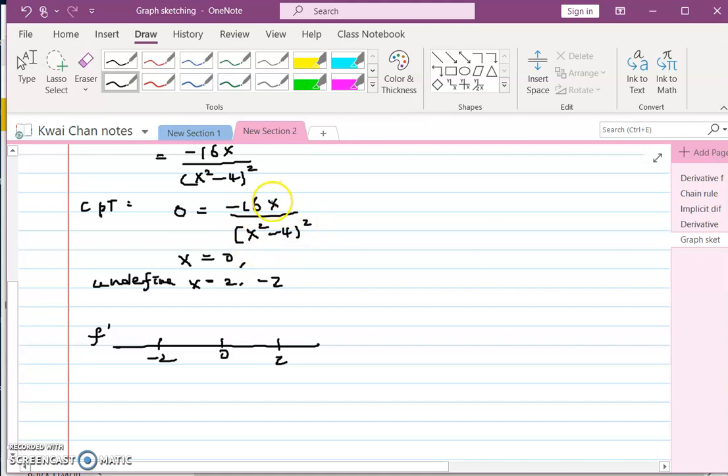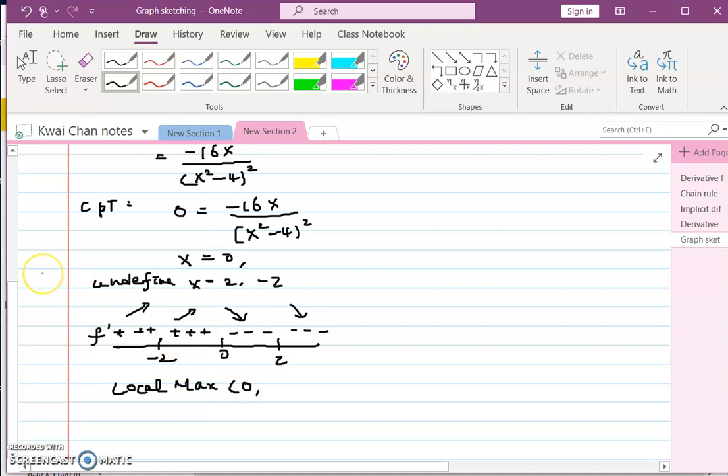So with a negative number, negative 16 times it gives a positive. Anytime you use a positive number, this would be negative because of the negative 16. So it's really easy to test. This is increasing, but this is decreasing. So there's no local min. The local max is at x equals 0.